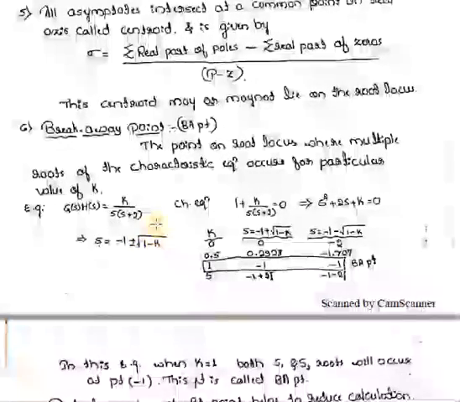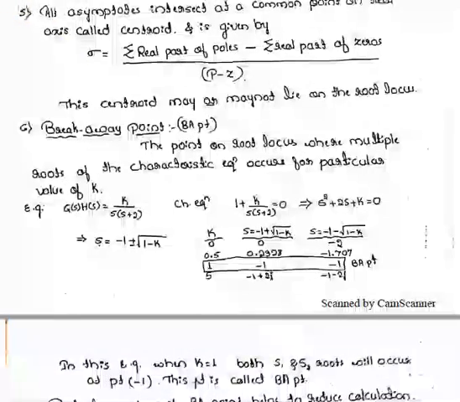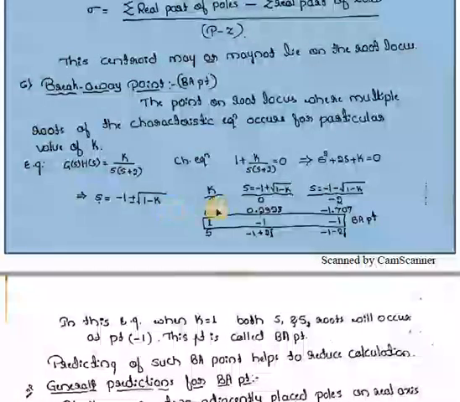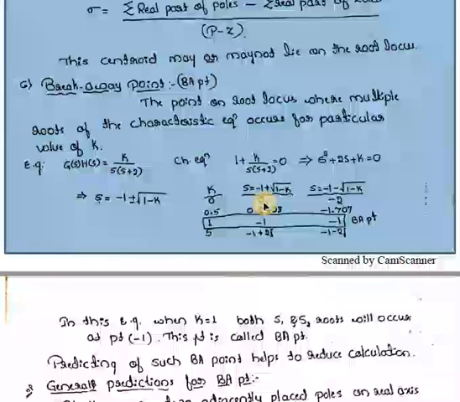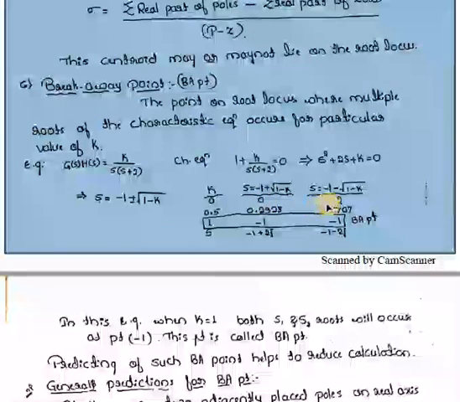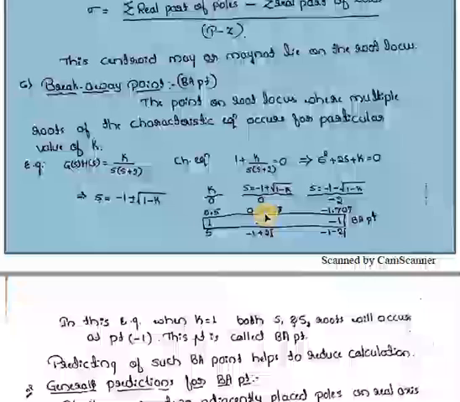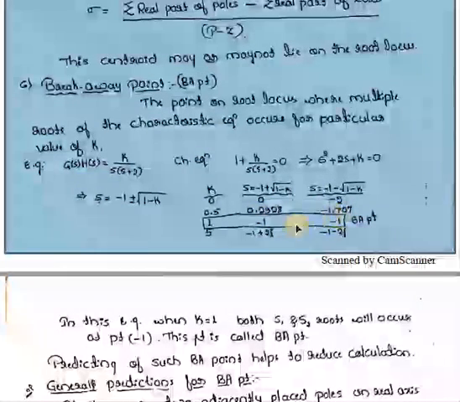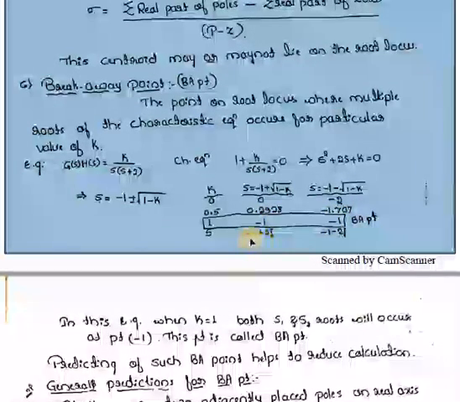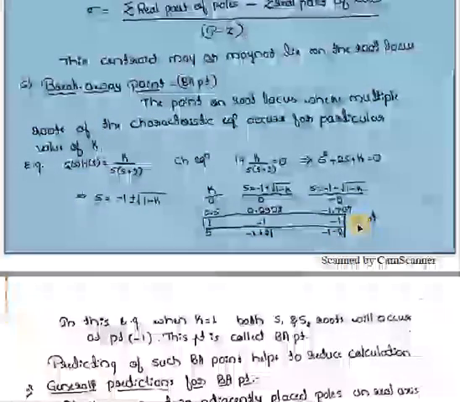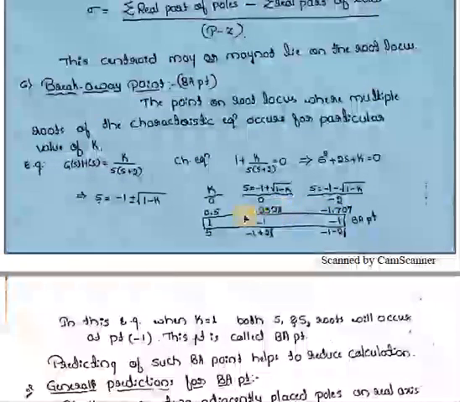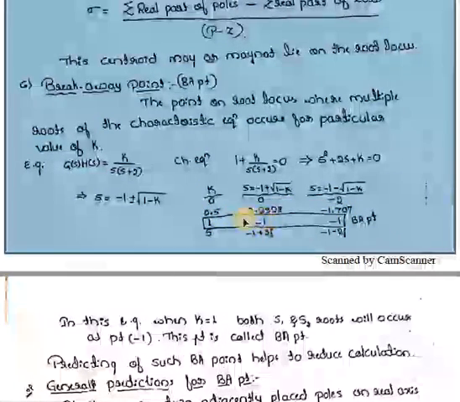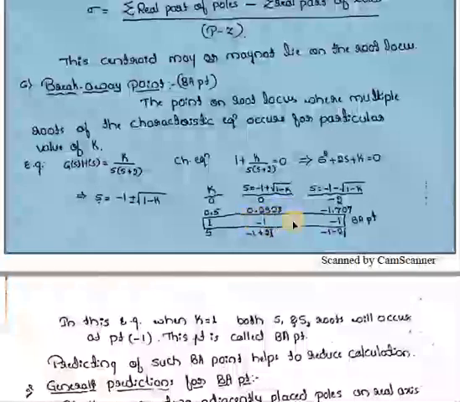So here if I substitute different k values, your s values are going to vary. If you substitute k as 0, one root will be 0 and another root will be minus 2, and likewise you get other values such as minus 1 plus or minus 2j. So by general prediction I can take this k value as the breakaway point.